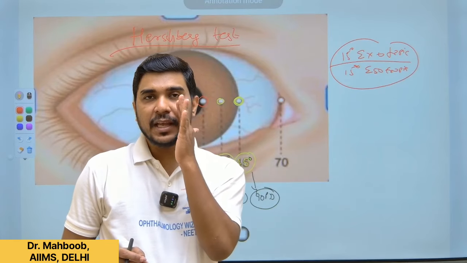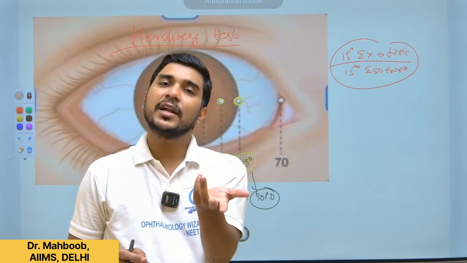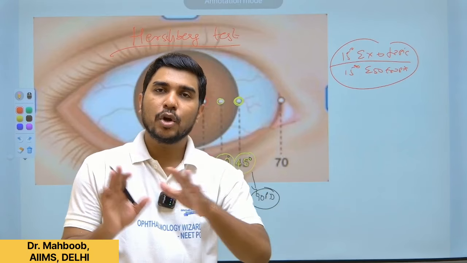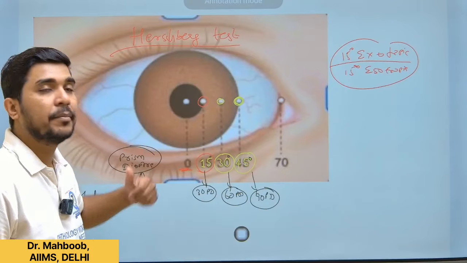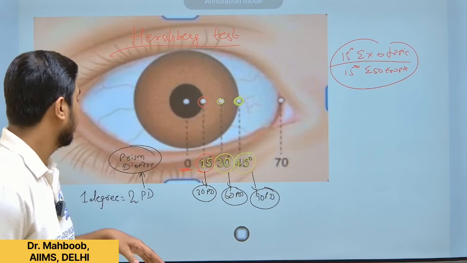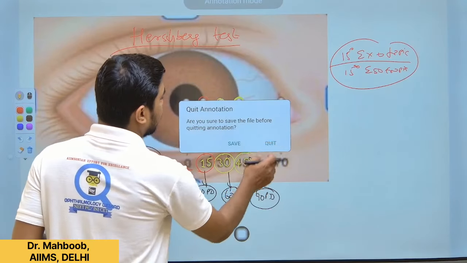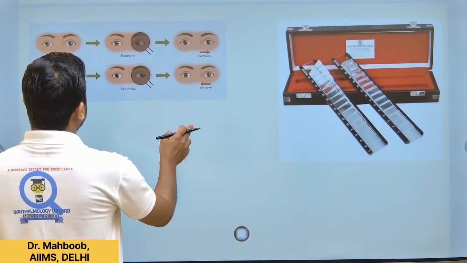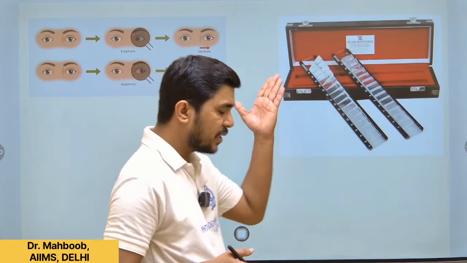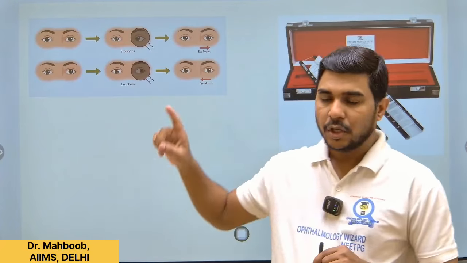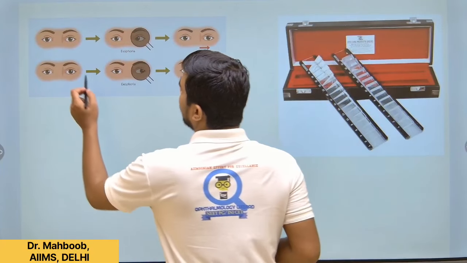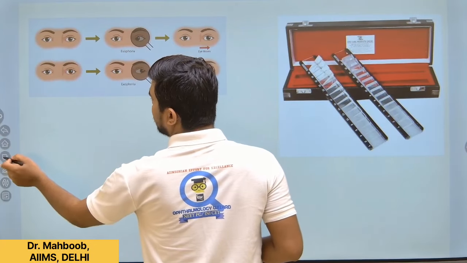If the eye is inward, you write eso. No confusion in that. Rest will be the same. Understood? What is this test and what is this test? You see here, this is the normal patient.